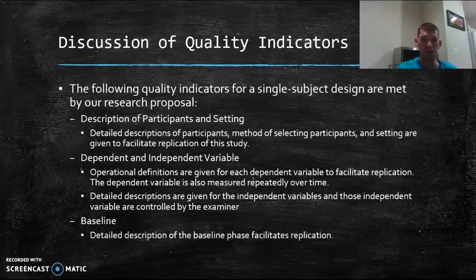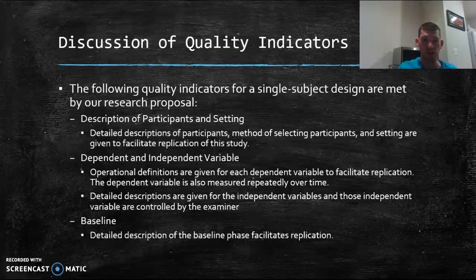So a little bit of a discussion about quality indicators. The following quality indicators for a single subject design are met by our research proposal. Description of participants and setting. Detailed descriptions of participants, method of selecting participants, and setting are given to facilitate replication of this study. Dependent and independent variables.